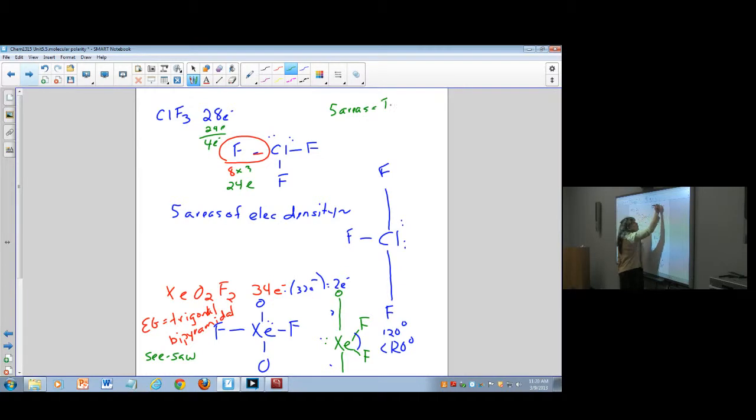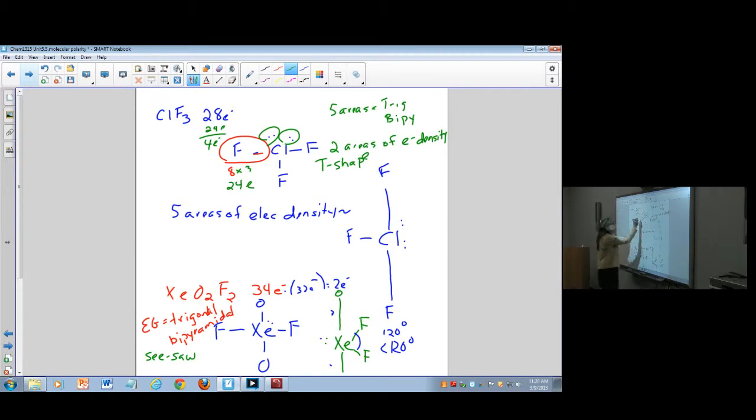So we have the trigonal bipyramidal, but it has 2 areas of electron density that are just lone pairs. Okay, these 2. What does that mean? That means it's a T-shape. If I hadn't drawn all over this thing, you could even see that this kind of has the shape of a T.